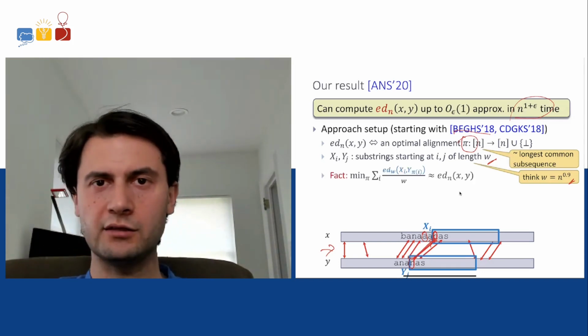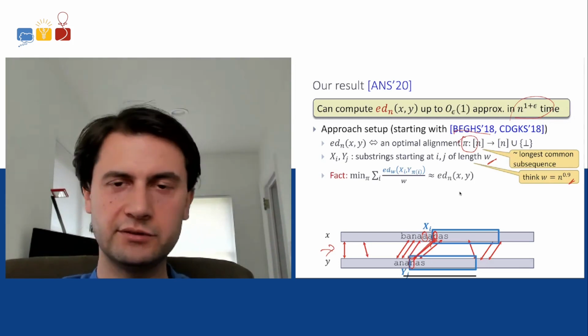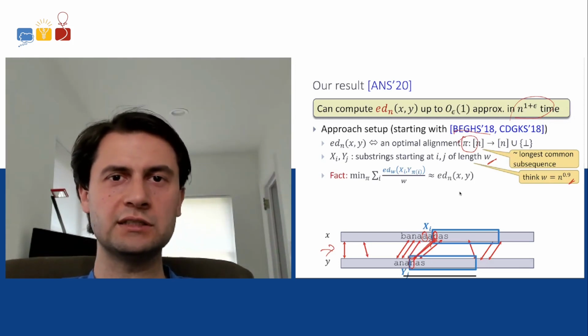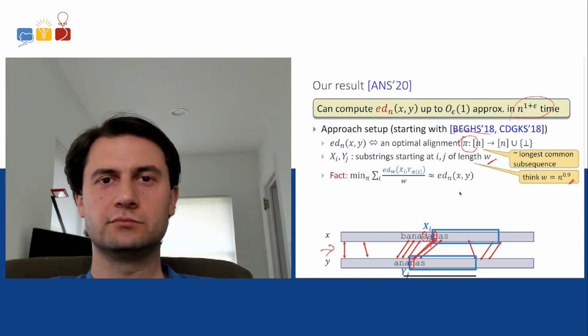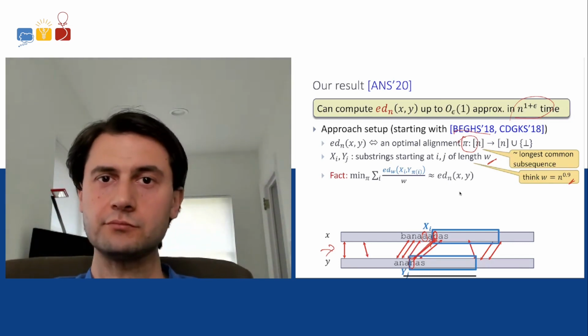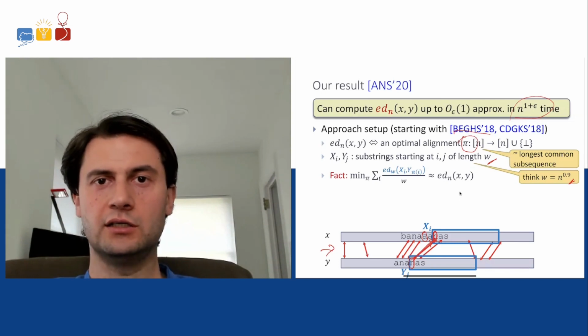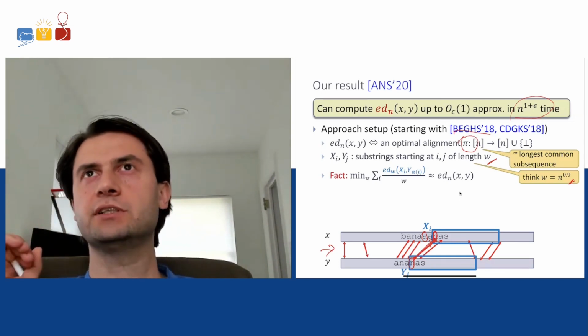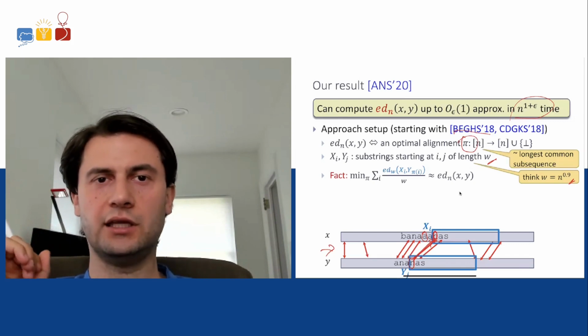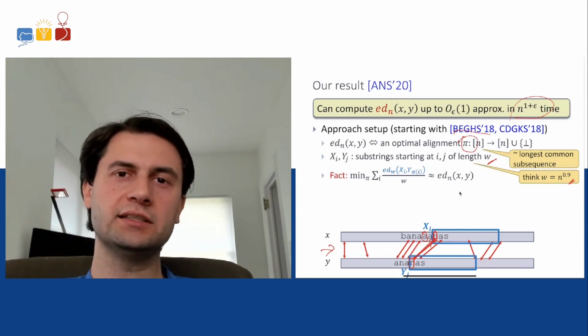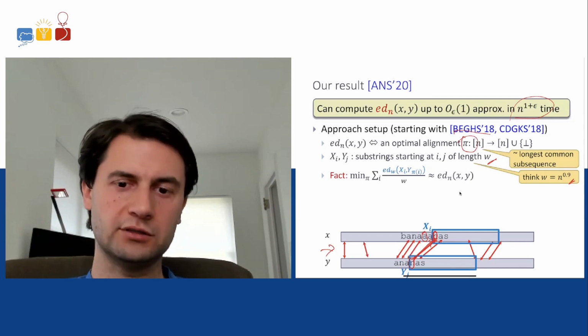Here is one fact, something relatively folklore, I guess. Once you define these blocks, you can switch from thinking about edit distance between strings x and y to the problem of finding an alignment between these blocks.